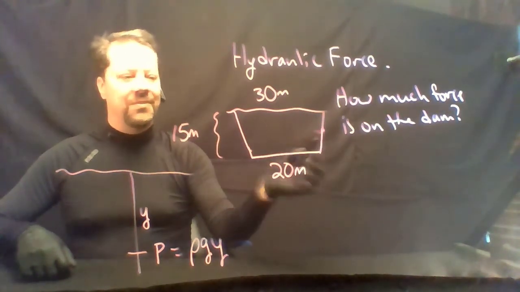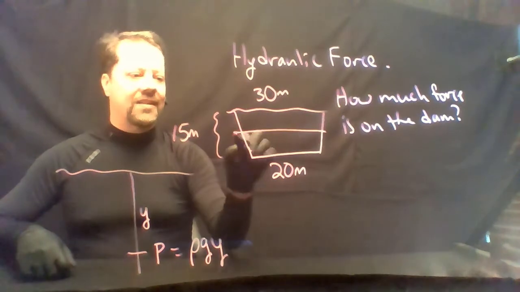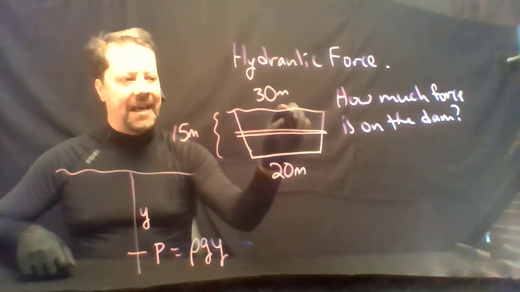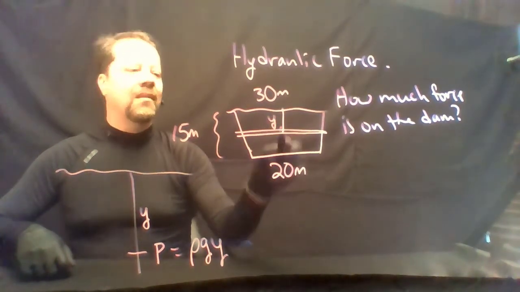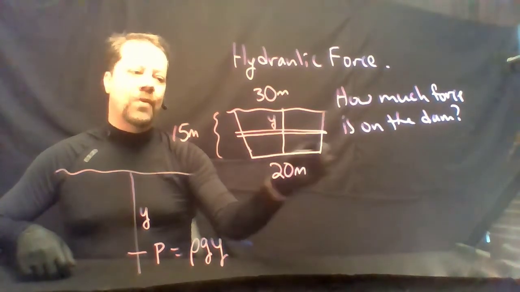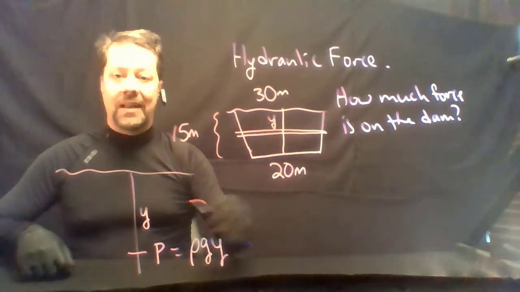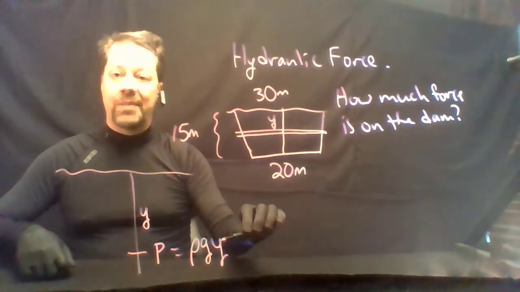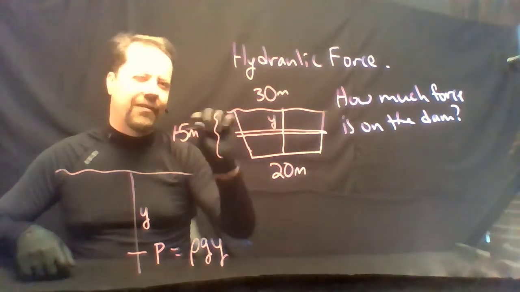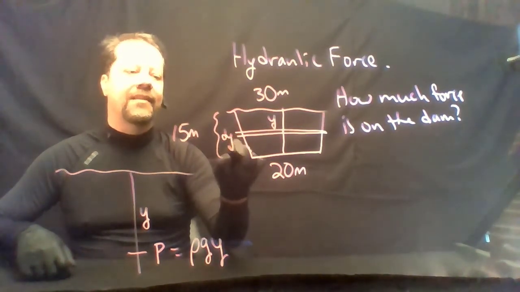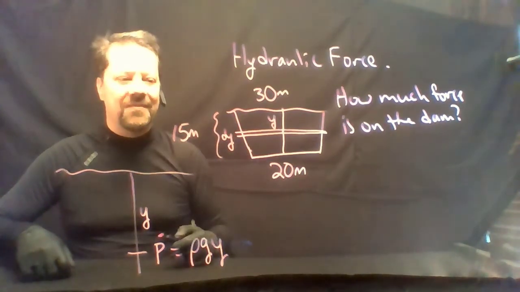Here's what we'll do. We'll take a little thin cross section where at some depth, y, the force at that depth will be more or less a constant. It'll be the pressure times the area of that very thin slice of width, dy, of course.